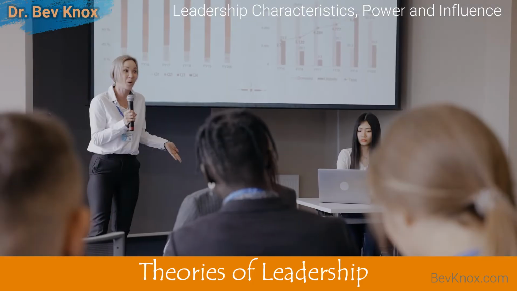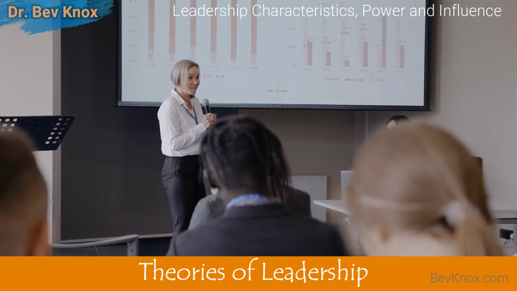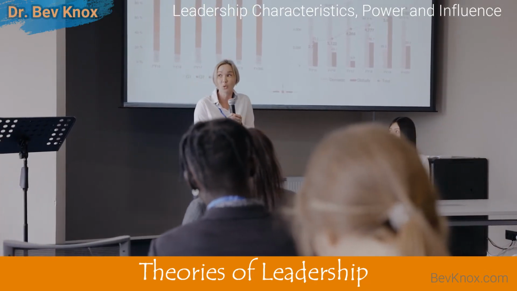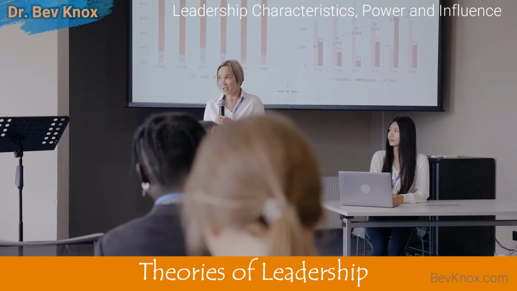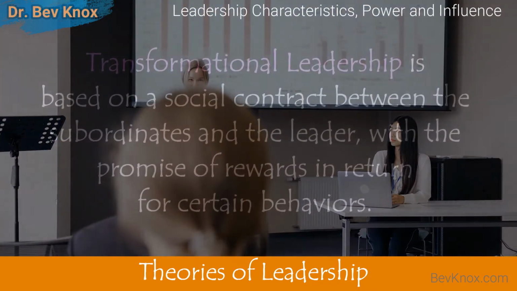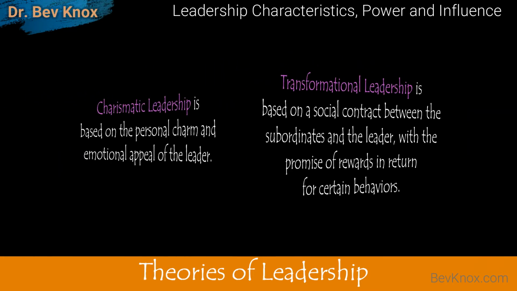Now moving right along to transformational leadership. Many leadership situations are based on an understanding between the leader and the followers. Transformational leadership is based on a social contract between the subordinates and the leader, with the promise of rewards in return for certain behaviors.